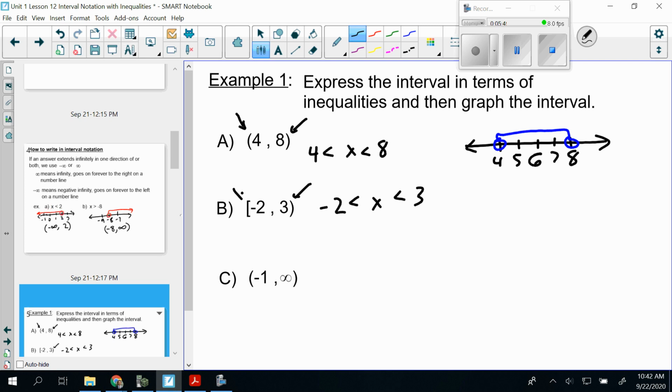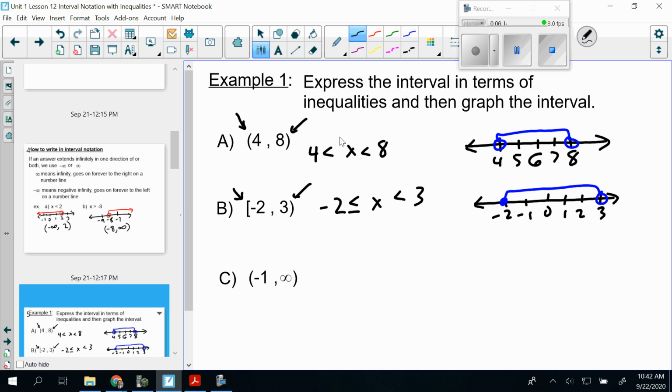We see a bracket at -2 though, so we do want to include -2, so that would be the inequality. If we were to graph that one, remember brackets are similar to closed-in points, so we would close the one at -2, open at 3, everything in between.